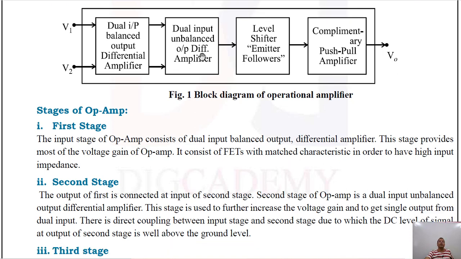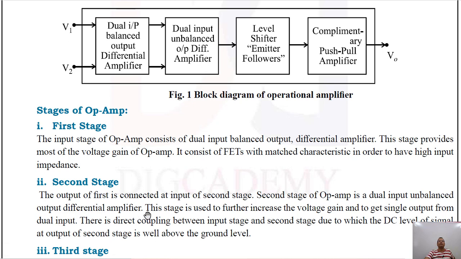The second stage of the amplifier: the output of the first stage is connected at the input of the second stage. The second stage of the op-amp is a dual input unbalanced output differential amplifier. I have already explained that when we have two inputs and one output, that is called dual input unbalanced output differential amplifier.